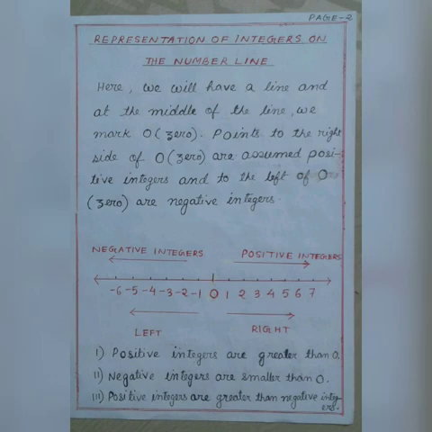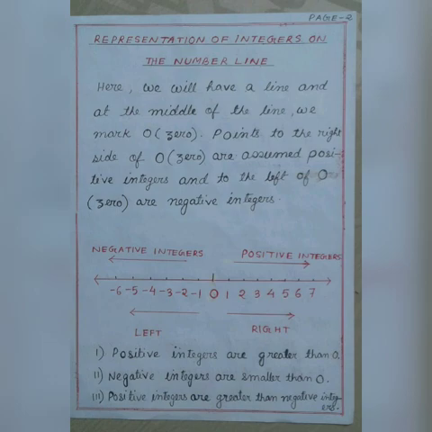From 0 to the right, I have written the numbers 1, 2, 3, 4, 5, 6 up to infinity, which are positive integers. And to the left of 0, I have written numbers -1, -2, -3, -4, -5, -6 like that.